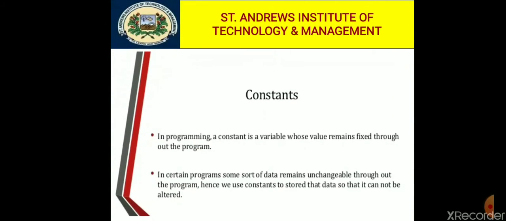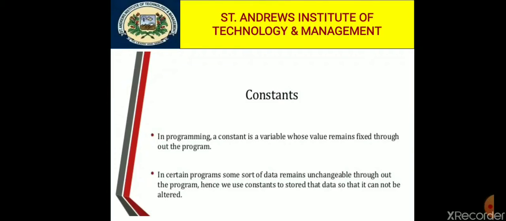So the first topic of today's session is constant. What is a constant? First of all, a constant is also known as a literal in C#. In programming, a constant is a variable whose value remains fixed throughout the program.